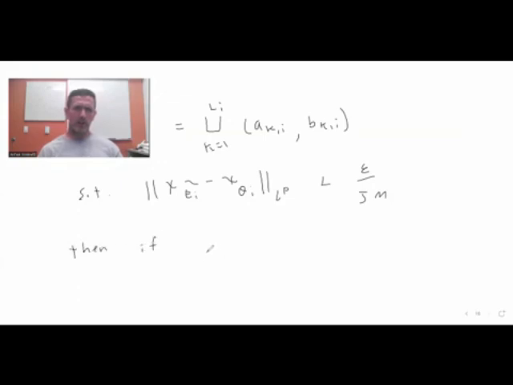So f tilde is going to be the sum, i equals 1 to J, c_i times the characteristic function of theta_i, and this is certainly in S3.